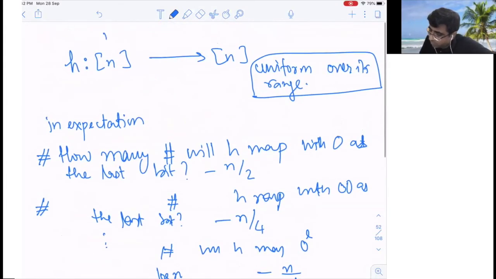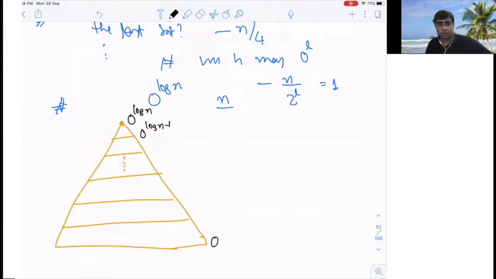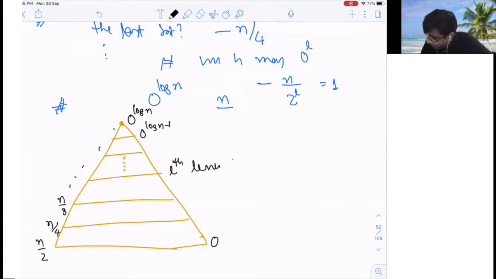We will always assume it is a multiple of some power. So this is what we all agreed: there will be roughly n by 2 elements, then roughly n over 4 elements, then roughly n over 8 elements, and so on and so forth. So if we are at the Lth level, that is 0 power L, then we should see n over 2 to the power L, and at the top we'll just see one element.